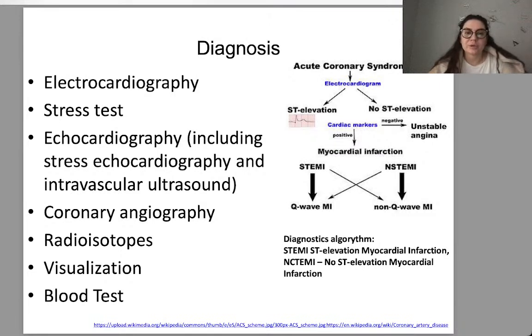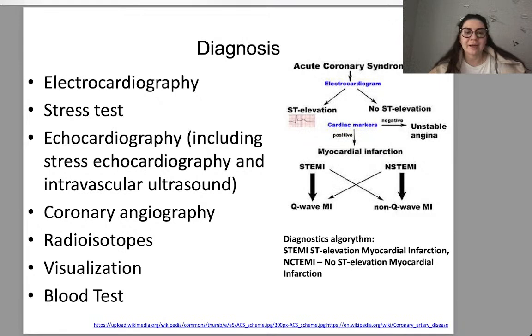Echocardiography, or heart ultrasound, includes stress echocardiography, which I told you, and can include intravascular ultrasound. Moreover, the gold standard of diagnosing coronary insufficiency today is coronary angiography. I will show you it too.